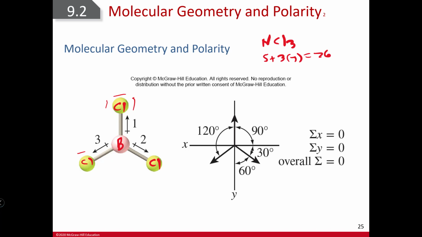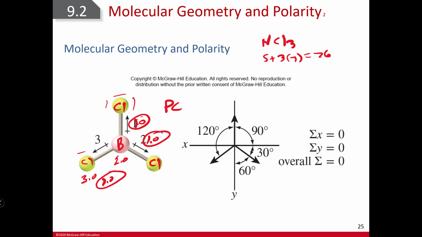So if this is boron trichloride and the electronegativity of boron, let's just say it's 2.0, I'm just guessing it's somewhere around that, and then chlorine is 3.0 for a difference of 1.0. So the electronegativity difference is 1.0 for each one of these bonds. So we do have polar covalent bonds.